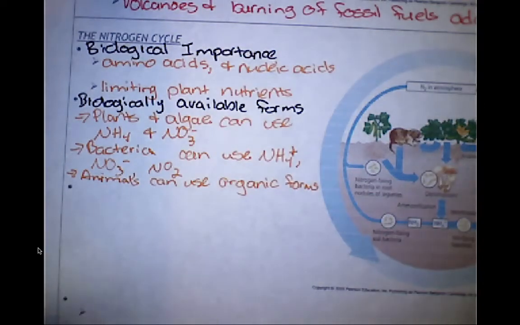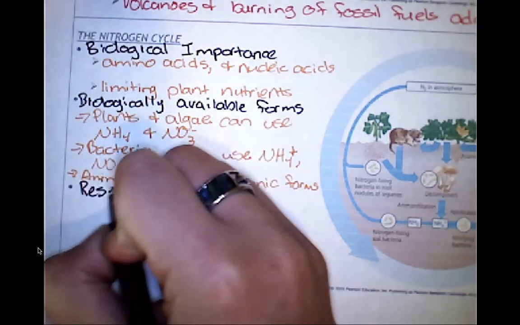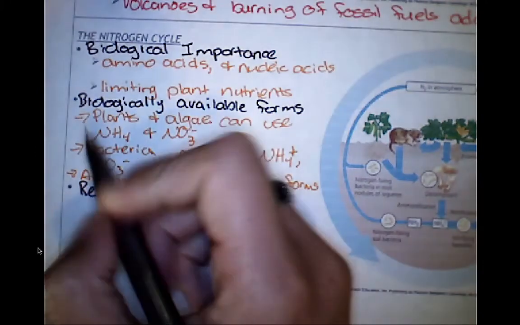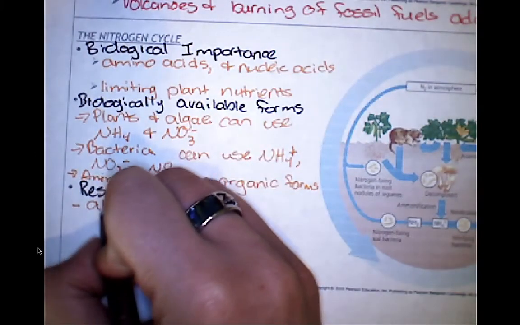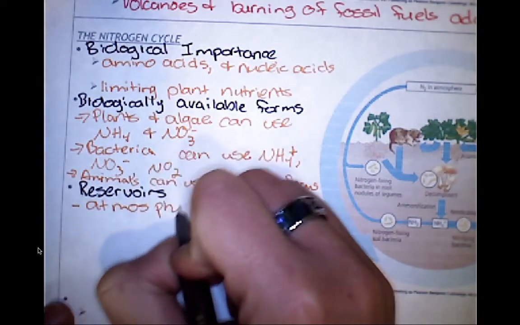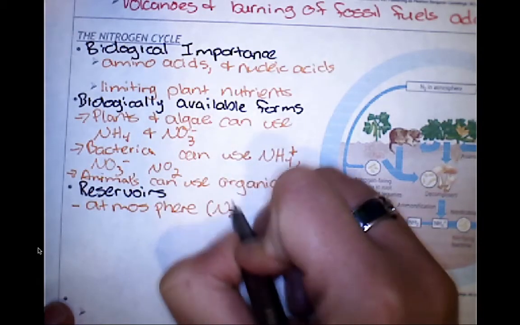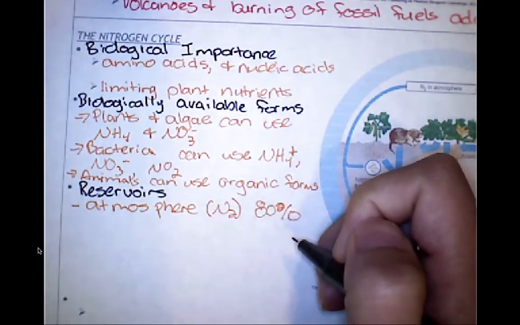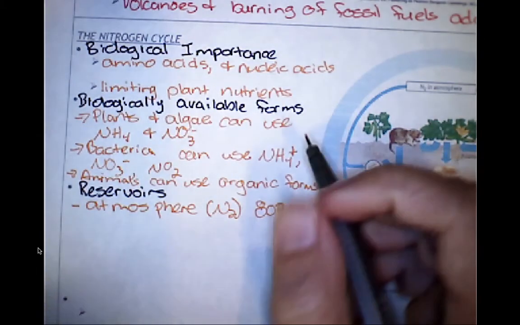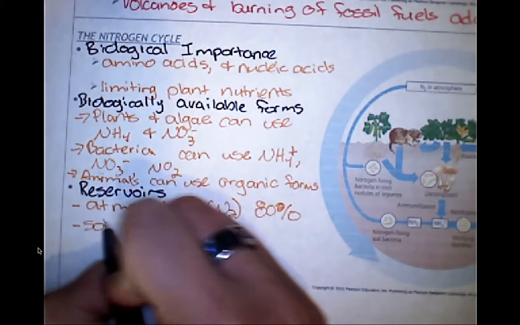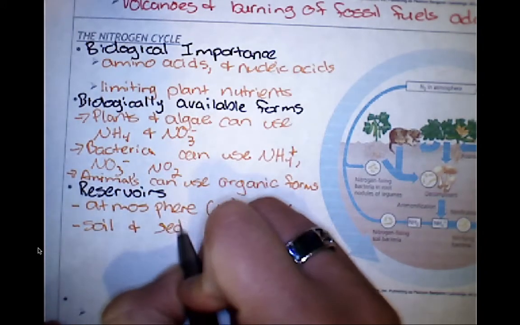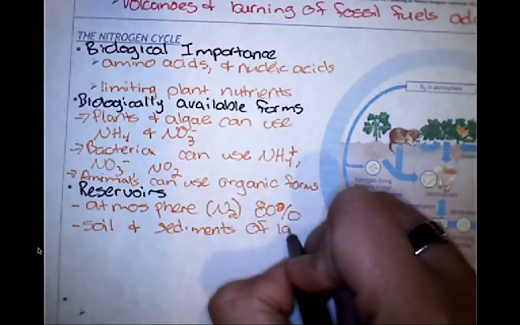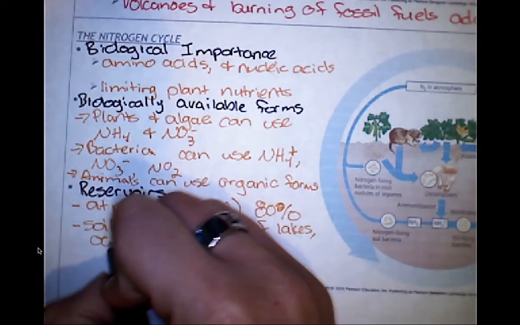Okay? Where are the reservoirs of nitrogen on planet Earth? So let's look at some of the reservoirs, okay? Most of it is in our atmosphere. It says nitrogen gas. It's actually 80% of the atmosphere that is nitrogen gas. Some is in soil and sediments of lakes, oceans, rivers, all those kinds of things.